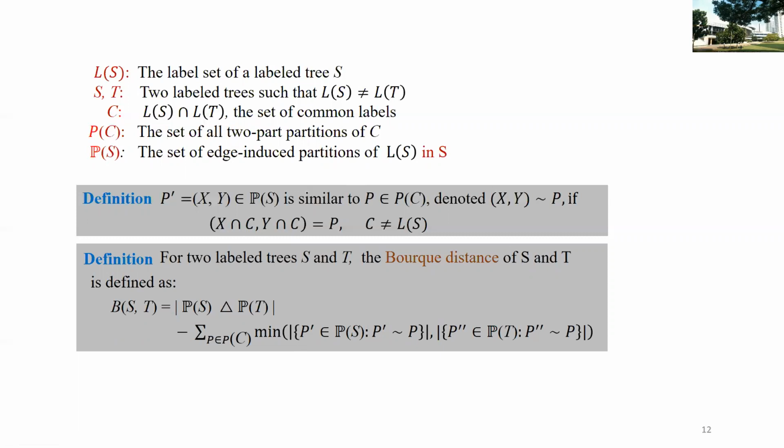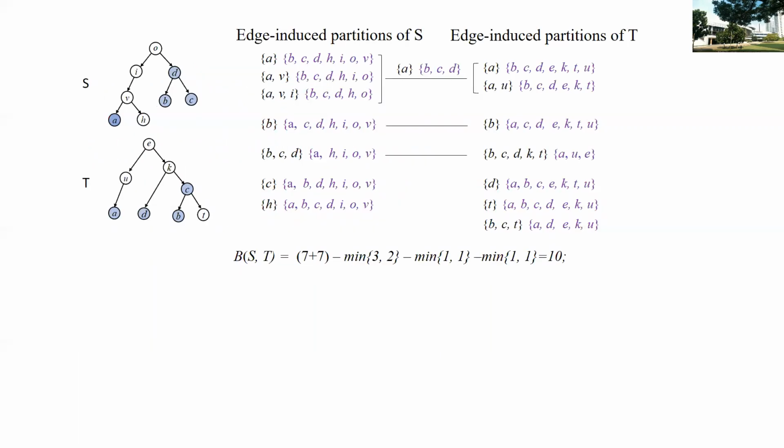We use an example to illustrate how to compute the bark distance between the two trees. Here are two trees, S and T, each with 7 edges. So there are 7 edge-induced partitions of S, which are listed below. There are also 7 edge-induced partitions of T, which are listed on the right.